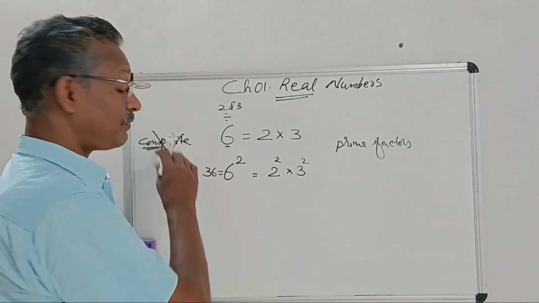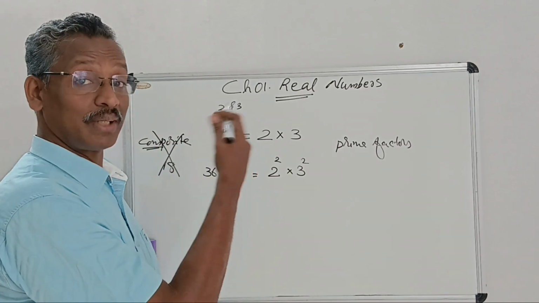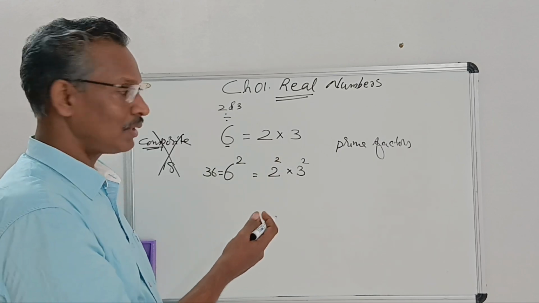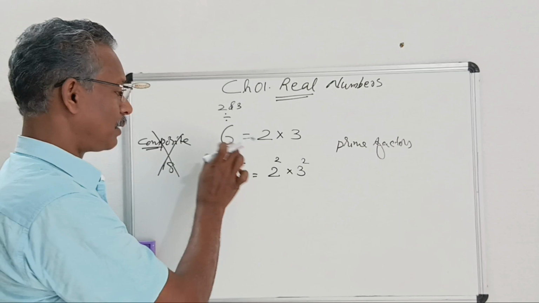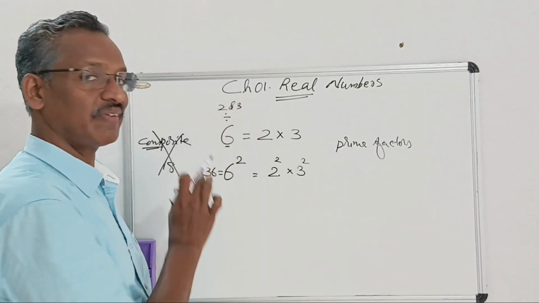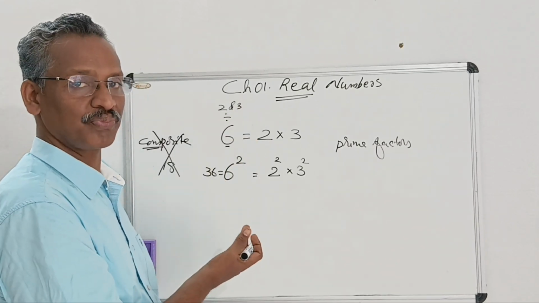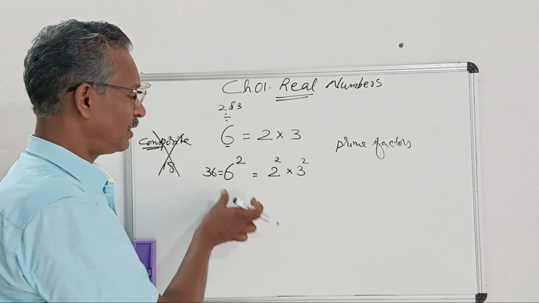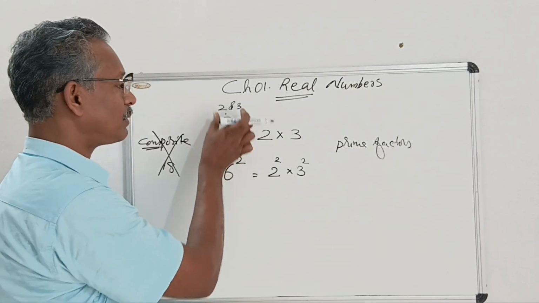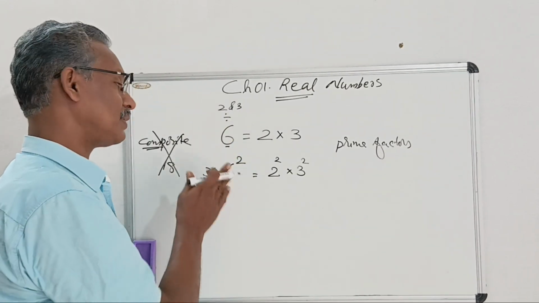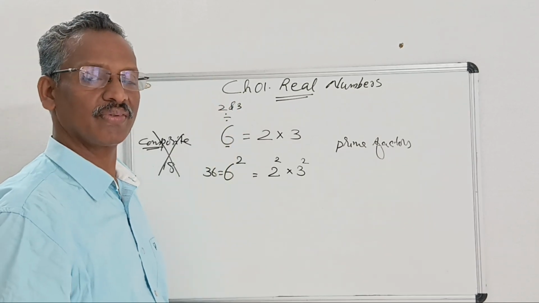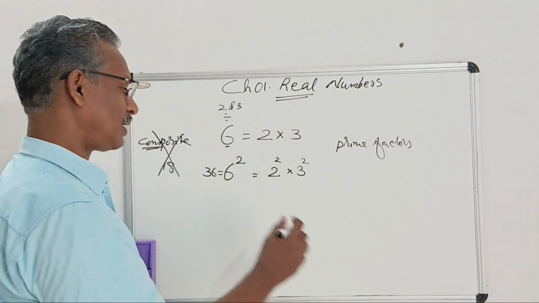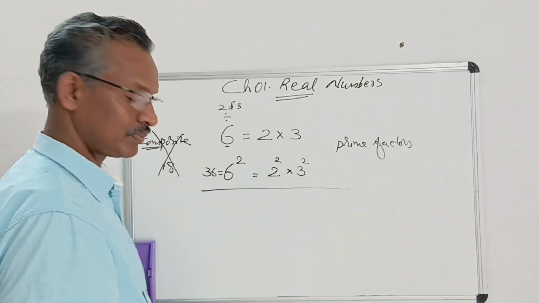If it is perfectly correct, then only it will become a theorem. So with which prime numbers we can divide a number, with the same prime numbers we can divide its square also, or its converse: if a square number is divisible by some prime numbers, then the base number is also divisible by the same prime numbers. Clear? Okay, let's take another example.